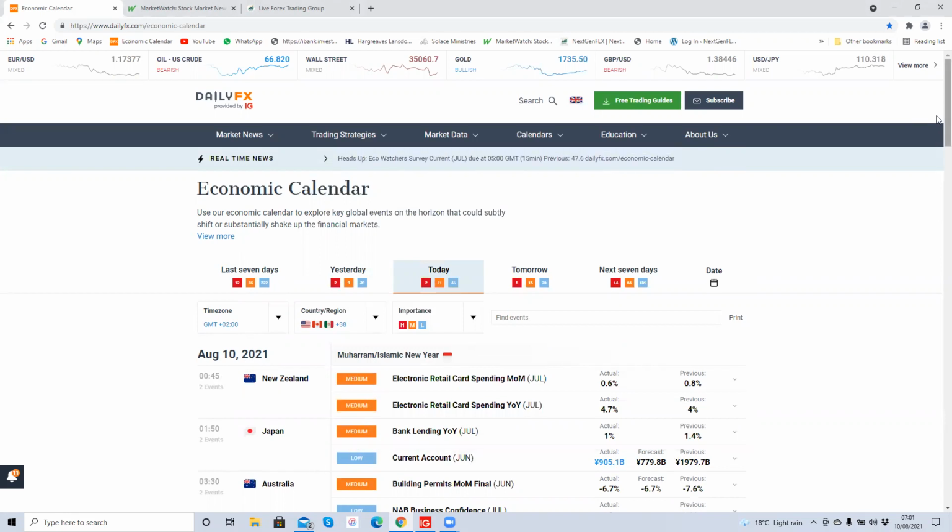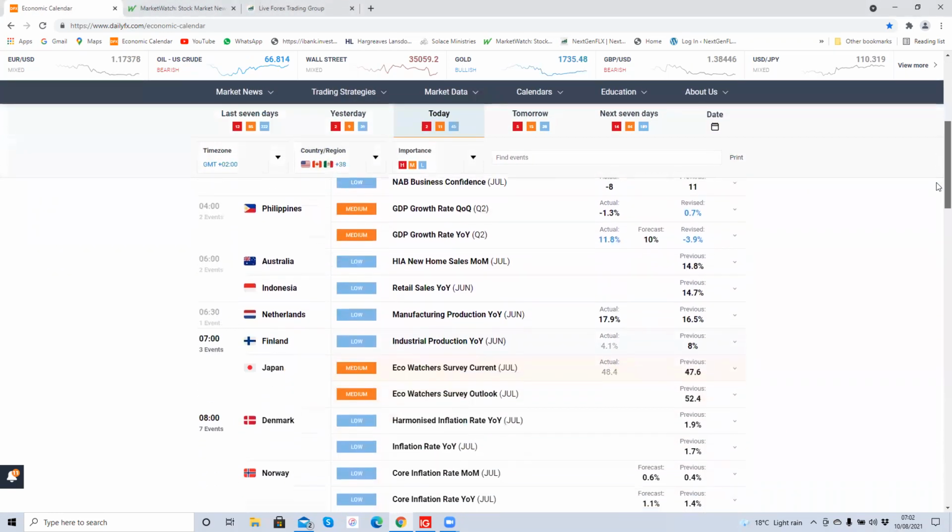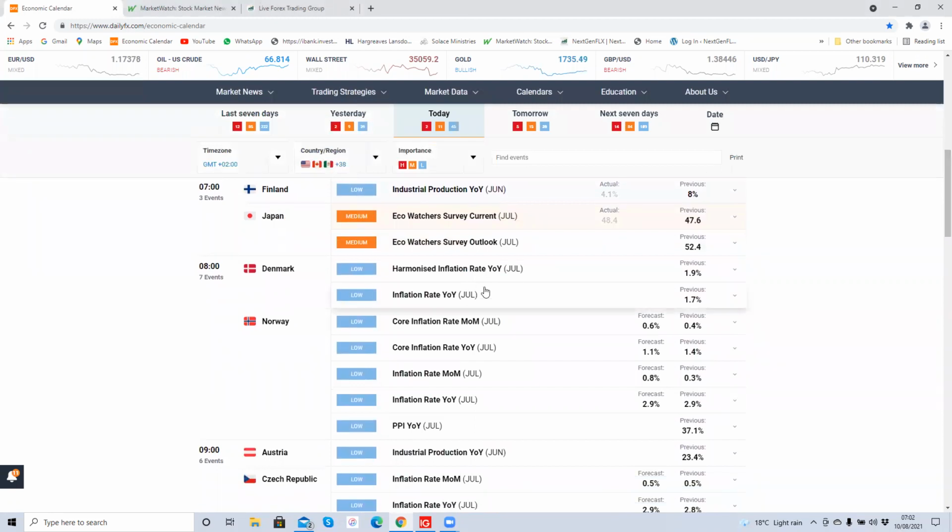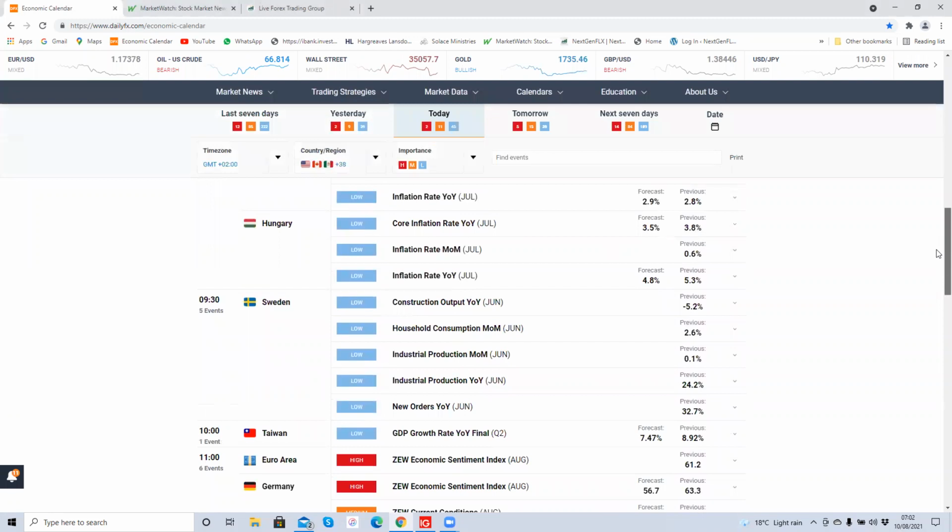So looking at the economic calendar for today, we'll be looking for reports of high importance that could affect the Euro US dollar and the dollar Canadian dollar, and also note reports of medium importance. As usual, you can just ignore reports of low importance. We're looking for reports relevant to the markets that we're trading.